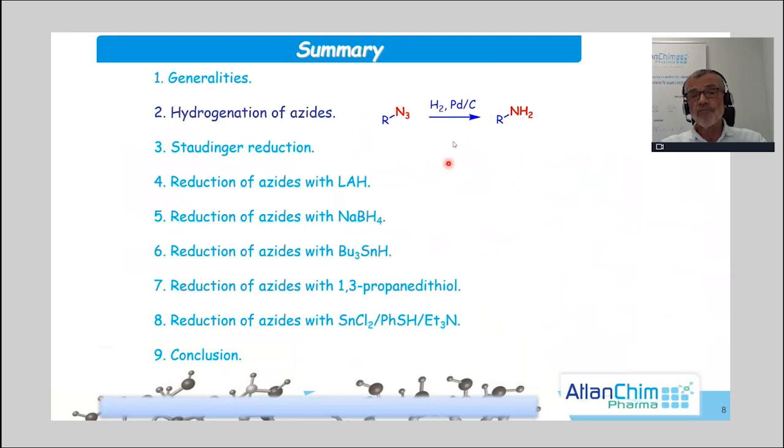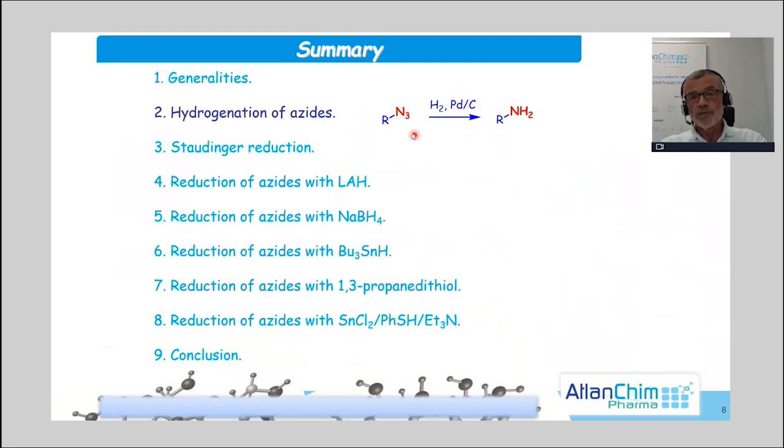So for the reduction of azides to amines, catalytic hydrogenation is superior to the others, both from an economical and ecological point of view, especially in a large-scale synthesis.